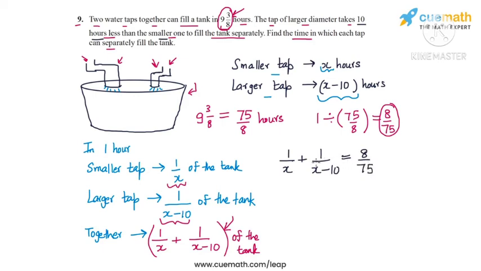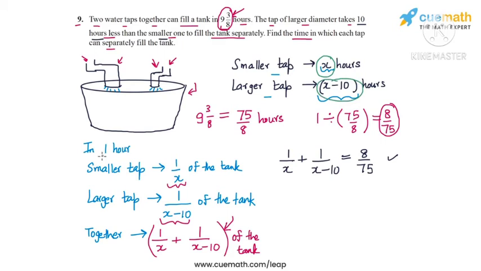8/75. So let me just recap how I did this, because this is the key step. After this it's only a matter of solving the equation, but the main step is to arrive at this equation. So I assumed that the smaller tap takes x hours alone to fill the tank, and the larger tap will then take x minus 10 hours to fill the tank when running alone.